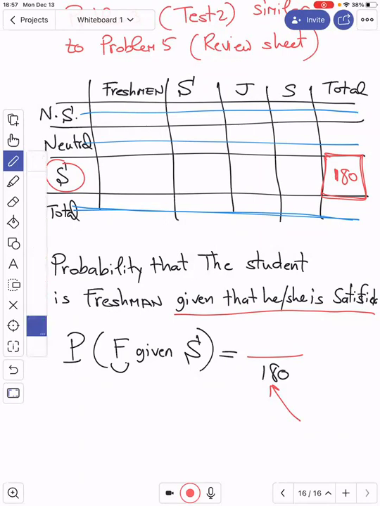The number of freshmen among the satisfied students is this one here, and that will be 23. So at the top we're going to have 23 over 180. Does this make sense to you guys?